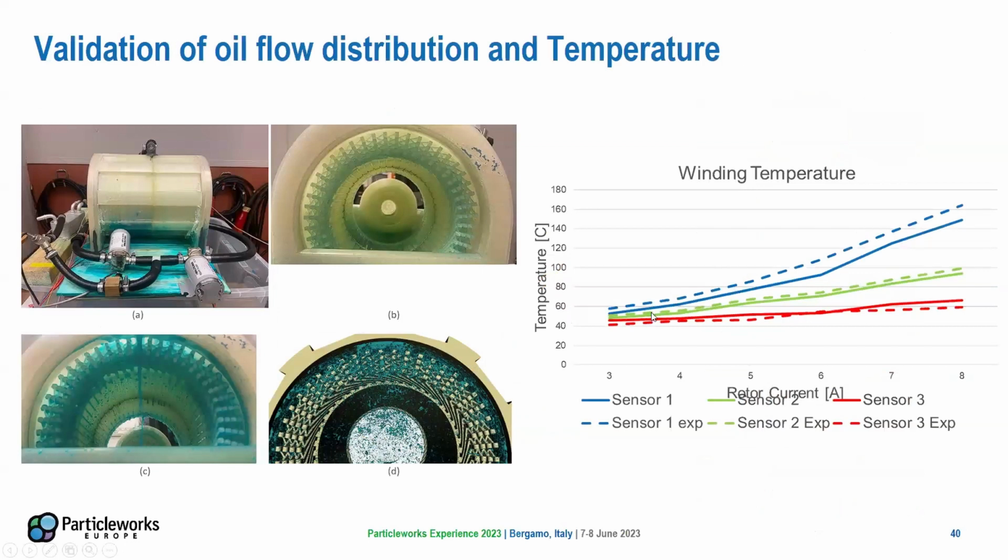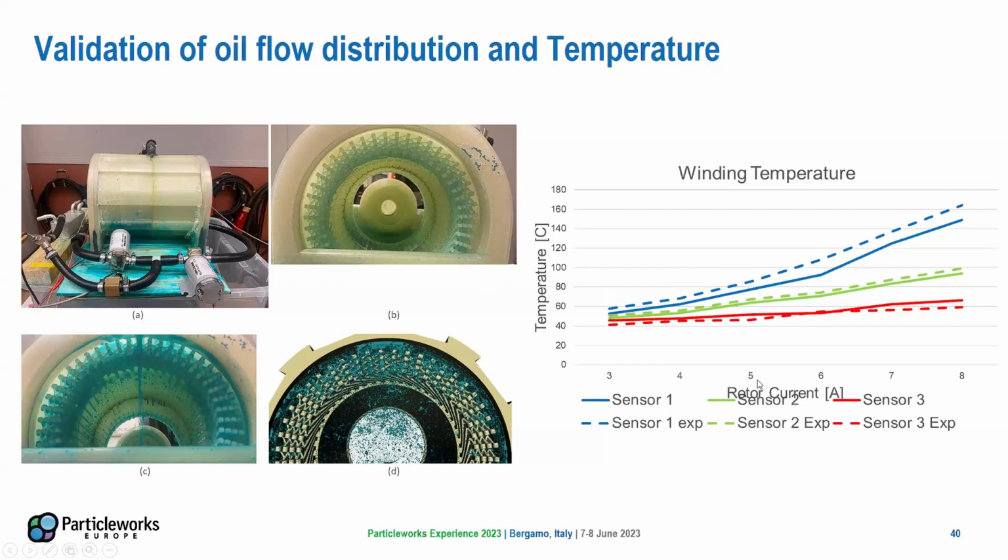But as you can see here, we have also the windings temperature prediction. Also in this case, the method was validated experimentally, both with a clear casing to understand the flow pattern inside the e-motor, but also for the temperature prediction at the winding.